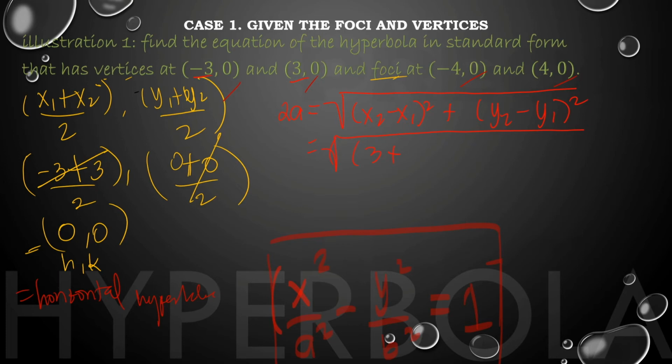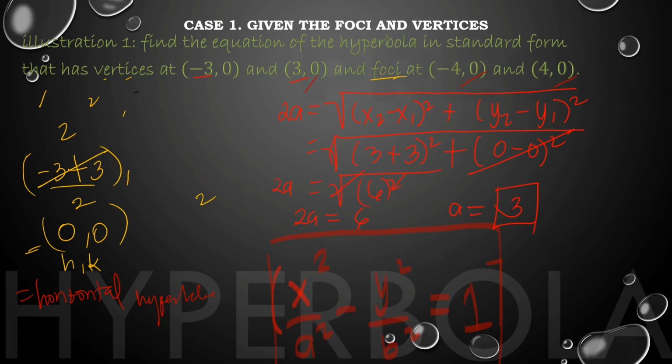So, magiging positive 3 squared plus y sub 2 is, and y sub 1 is parehong 0, 0, 0 squared. Cancel out. So, magiging 2a is equal to square root of 6 squared. So, makakancel na yung square root niyan. So, 2a is equal to 6. And then, to find a, 6 divided by 2 is equal to 3. So, nahanap na natin yung center, which is at 0, 0. And then, yung a, which is equal to 3.